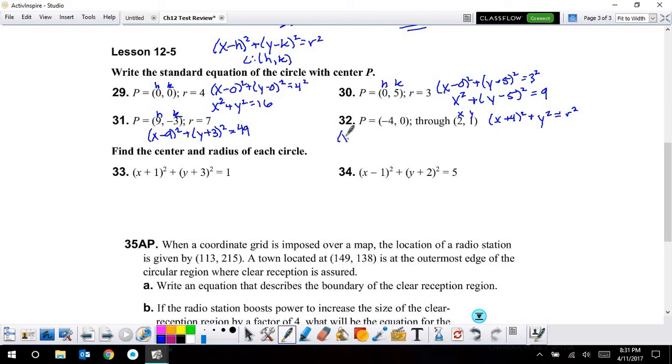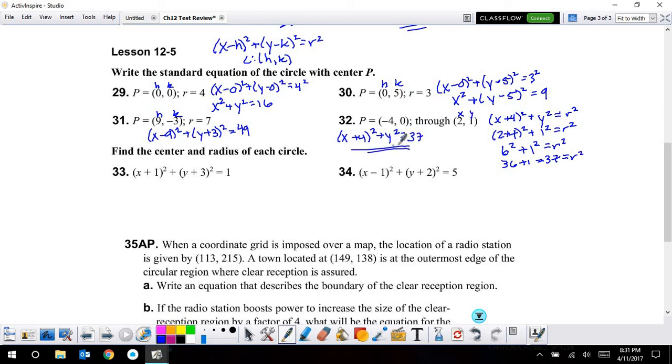So we know we're going to have an equation, x plus 4 squared plus y squared equals, and then we got to figure out what the r squared is. So when I plug in 2 for x, we get 2 plus 4 squared plus 1 squared equals r squared. 2 plus 4 we know is 6, so 6 squared plus 1 squared. So 6 squared is 36, plus 1 gets you to 37 for r squared.